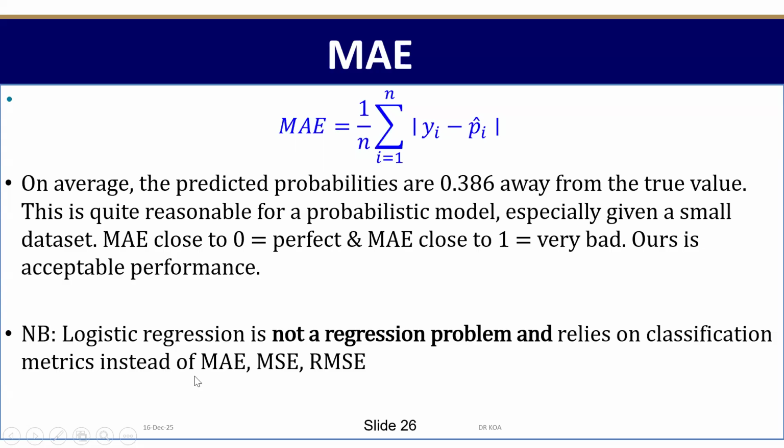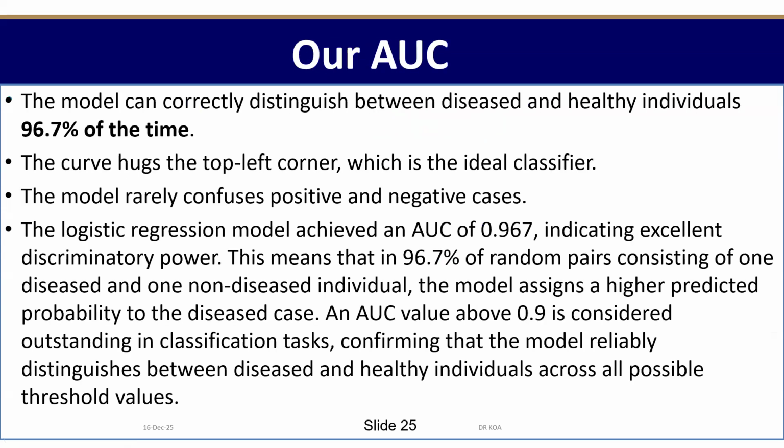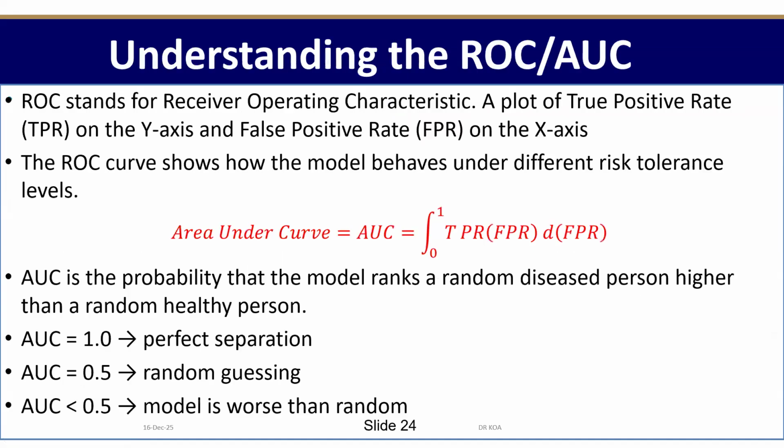A regression problem is where you use mean absolute error, mean squared error, root mean squared error, and all of those things. You don't use that here. What do you use? What we have said above. You use the ROC, you use the AUC.